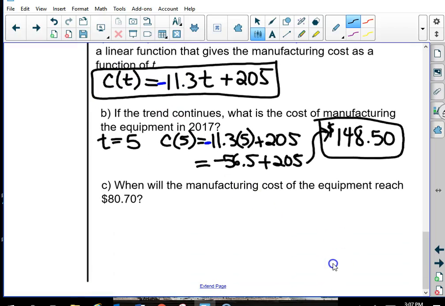When will the manufacturing cost of the equipment reach $80.70? Okay, so this is our cost. It goes in for y, or for C. And negative 11.3 times t plus 205. So solving steps.